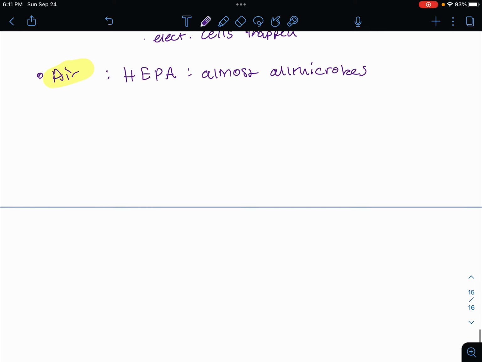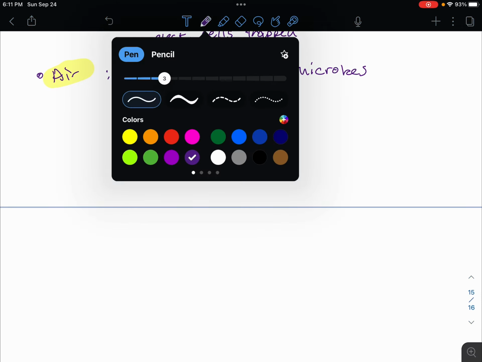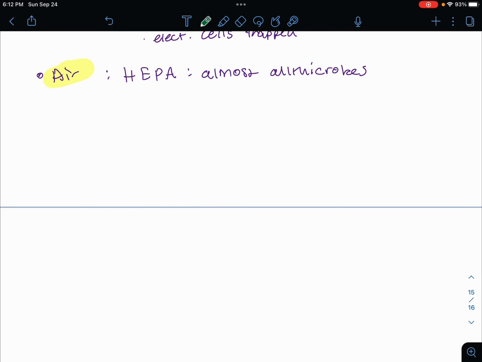We could also use radiation, different types of radiation like UV, gamma rays, X-rays, so let's discuss those. And this removes electrons from atoms.